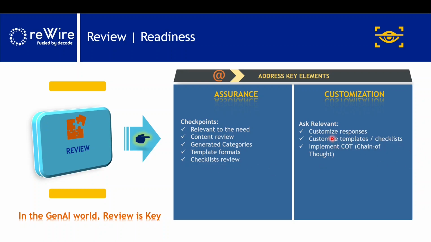Customized response. Suppose some information it has given, but you are not satisfied. You need to explore with the assistant and get the additional information. Okay. The first two things are customized responses. It has given certain information, you can customize that response and reuse it. The second one is it has given certain templates and formats, and you need to customize them. The third one is chain of thought.